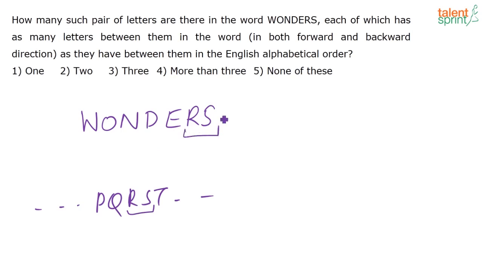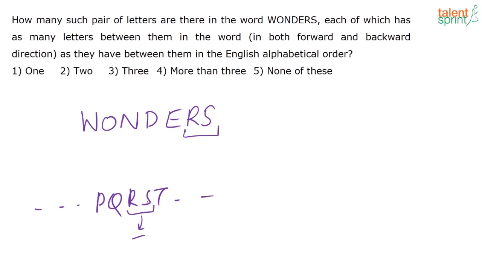So this is one pair of letters which have as many letters between them as in the English alphabetical order. In the actual English alphabetical order, between R and S there are no letters, correct? Immediately after R, S is coming in the alphabetical order, and here in the word also immediately after R, S is coming. So that is one pair that we have identified.